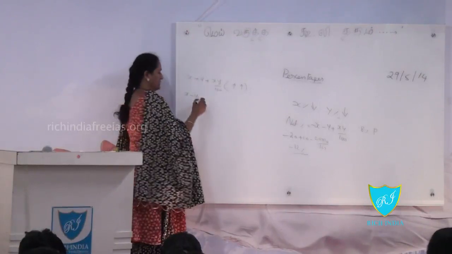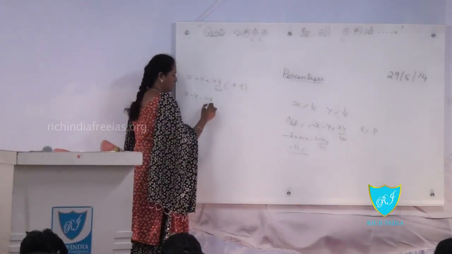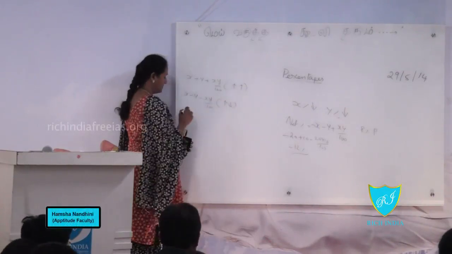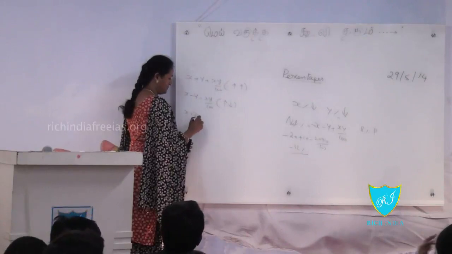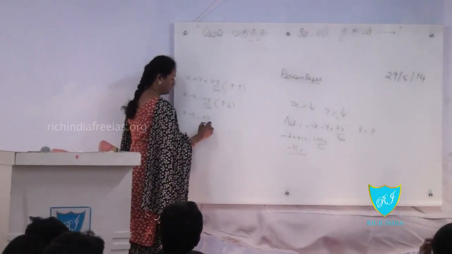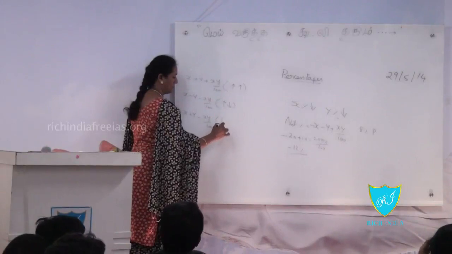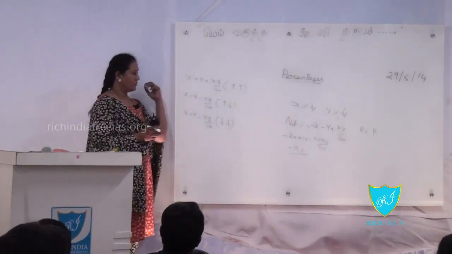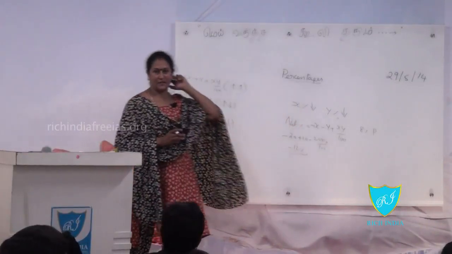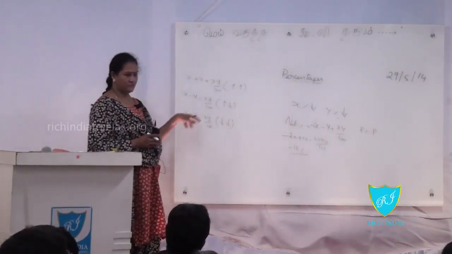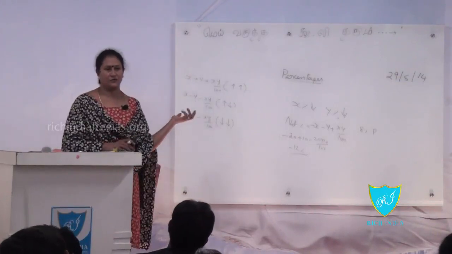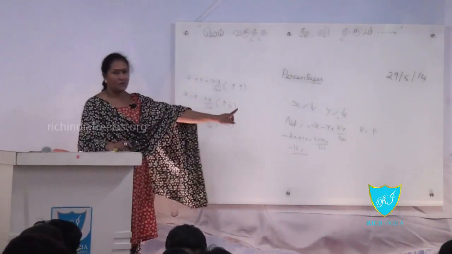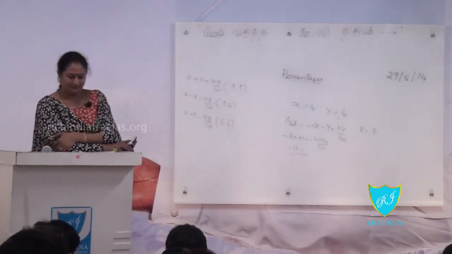So this is x minus 5. One increase, other decrease. When both are decreases, you can take minus x minus y plus xy. This is a discounted value, so the minus sign implies it is a discount.